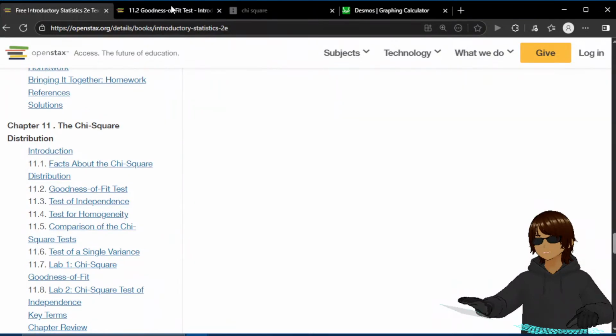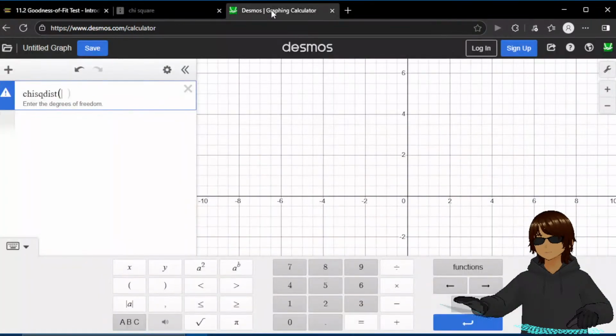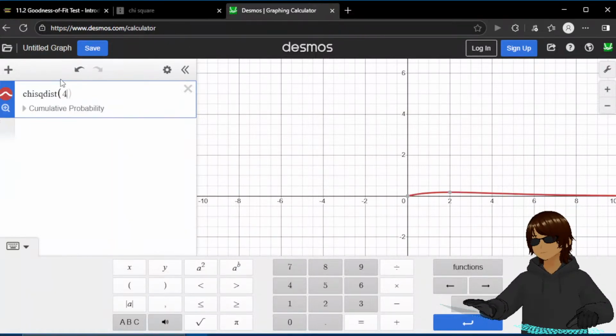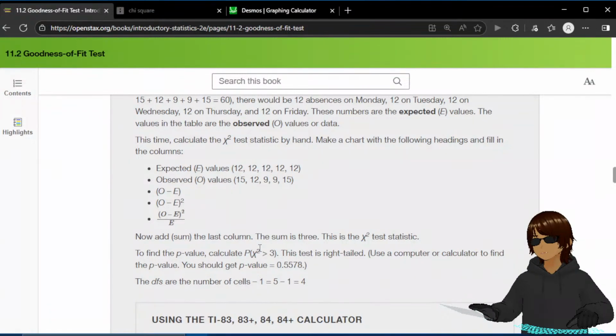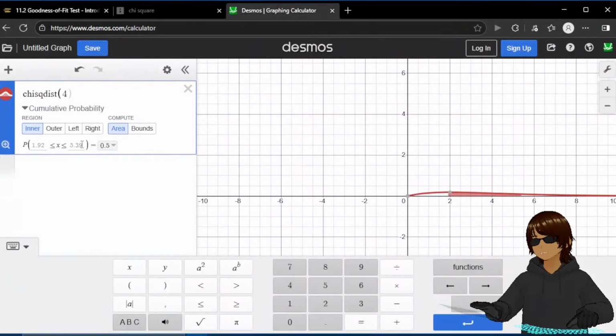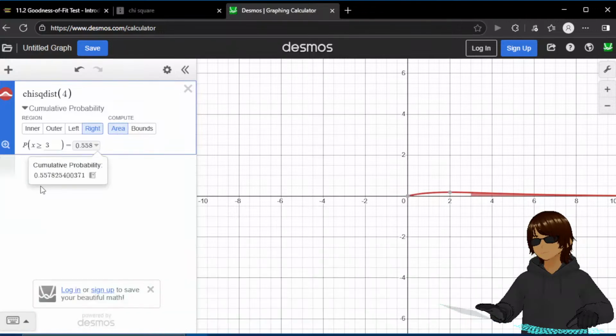Chi-square distribution with degrees of freedom 4, and then chi-square greater than 3. The p-value is 0.5578.